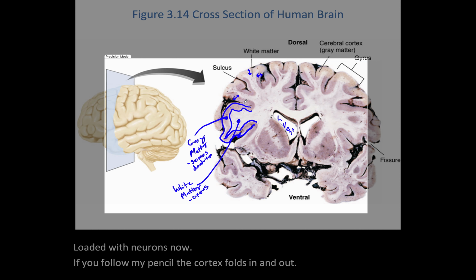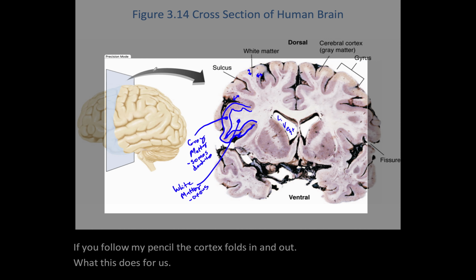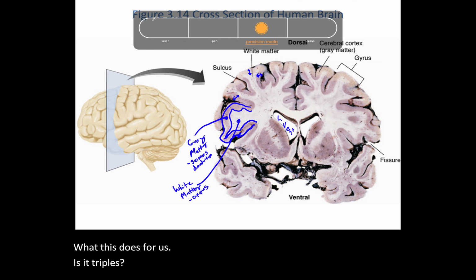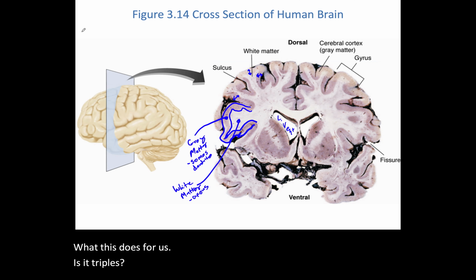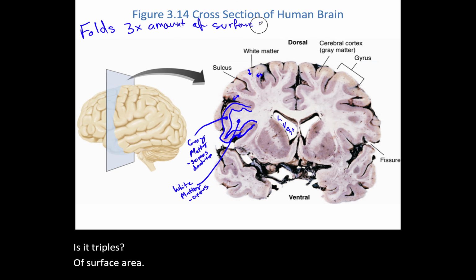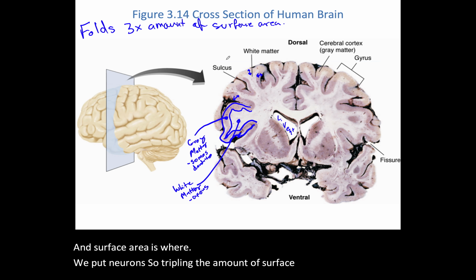What this does for us is it triples the amount of surface area. And surface area is where we put neurons. So tripling the amount of surface area certainly is helpful.